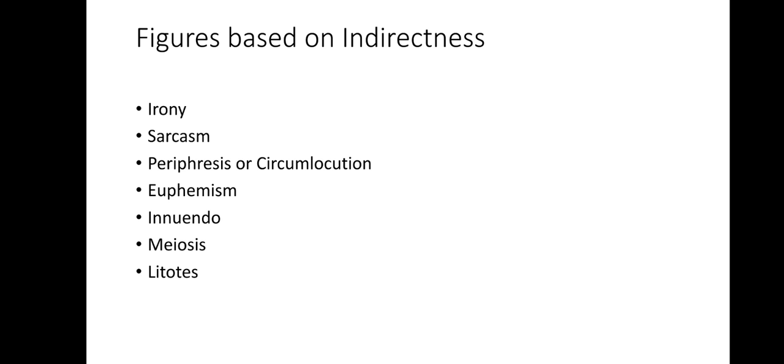Our next figure of speech is innuendo. Here we hint something unpleasant by saying something pleasant. Let me give you an example. You come to me and you ask me, "Sir, I have written this poem. Can you say how the poem is?"